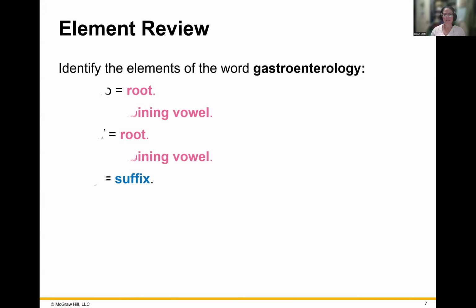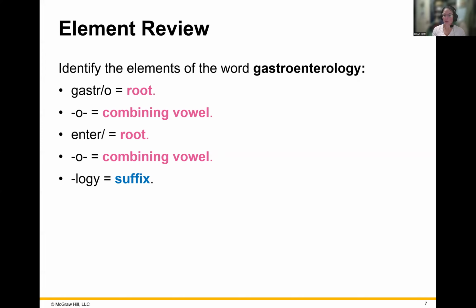All right, so let's take a look at the elements of the word gastroenterology. I have it broken down here. Gastr, G-A-S-T-R, is the root word, but when you add the O into it, it becomes a combining form. Gastro means stomach. The next one is enter.